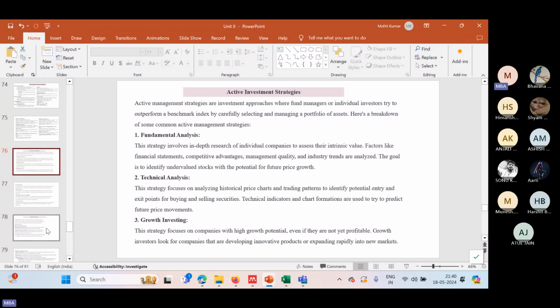You do in-depth research on all three factors and come to a conclusion whether an asset is overvalued or undervalued, and whether you should invest in that company's share or not. Technical analysis is about trend charts and patterns. You try to identify what is happening in the current market, and based on the charts and trends, you decide where to invest and where to exit the market.